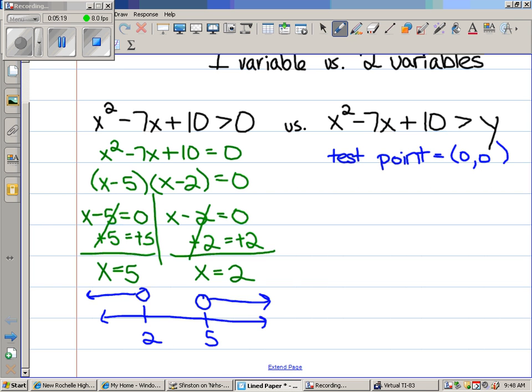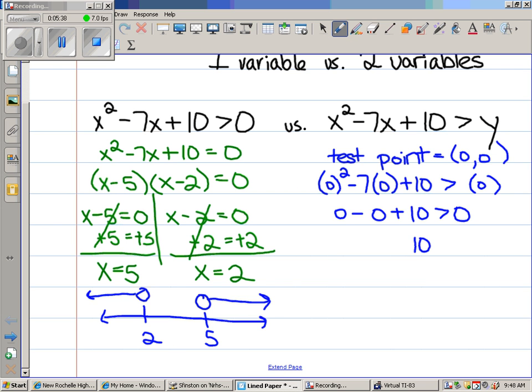Yep, we're going to pick 0, 0. That's cool. The easiest one, in fact, to test. Some people give some crazy ones. But you could literally pick anything that you want. Okay, so 0 minus 0 plus 10 greater than 0. So is 10 greater than 0?